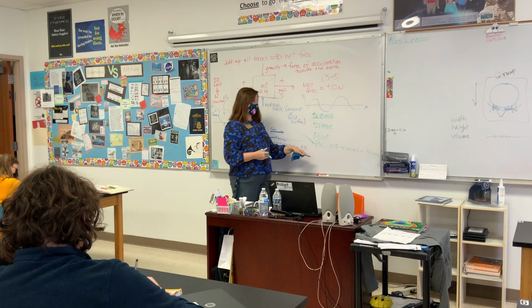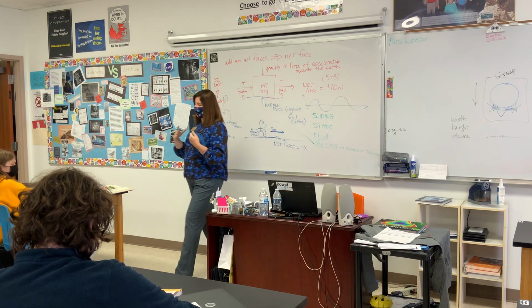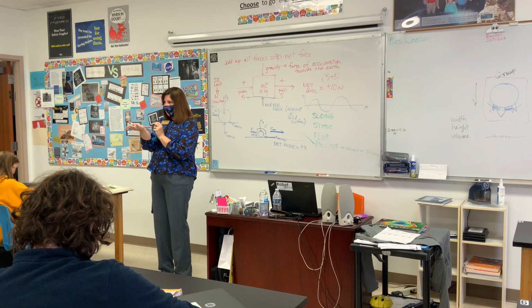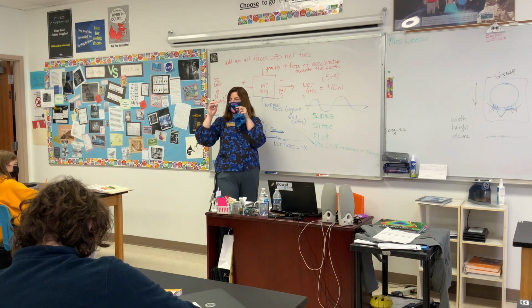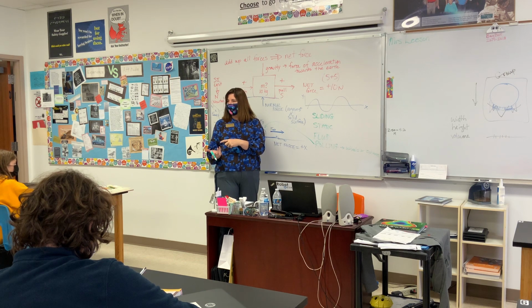Anything that has wheels or spheres and it's moving, there's rolling friction, because it only has friction with that one little part that's touching. Okay? So rolling is only where the sphere, the ball, or the wheels touch another surface.